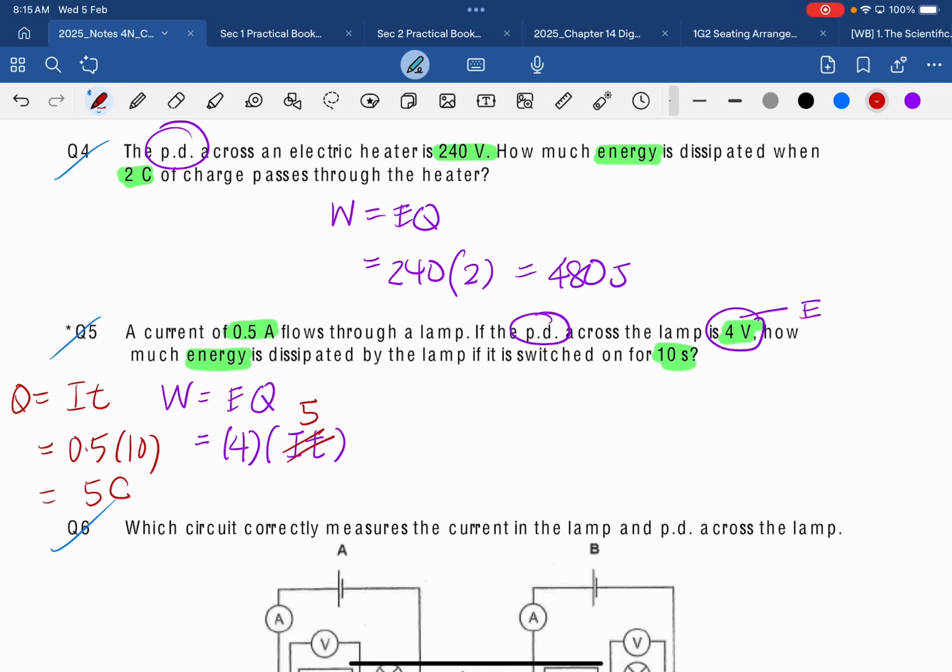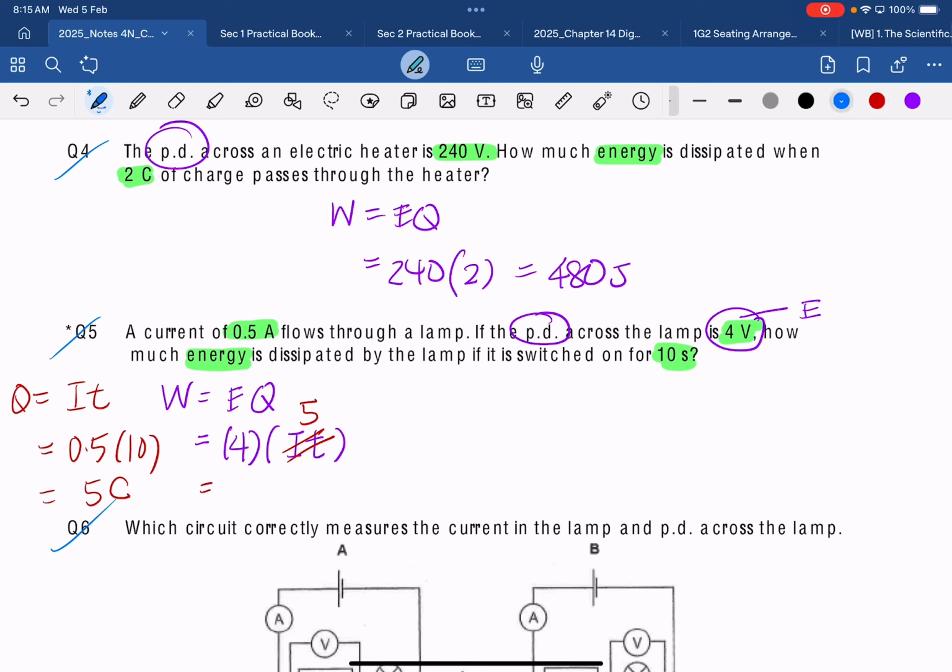Okay? What is the benefit of doing it separately? Just in case you accidentally do not know how to rearrange your algebraic equation and end up doing the wrong thing, then at least maybe for Q equals IT, they can give you 1 mark. In case your final answer is wrong, at least they can give you some working marks.